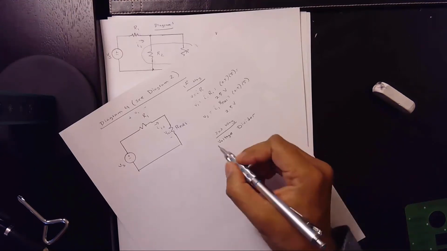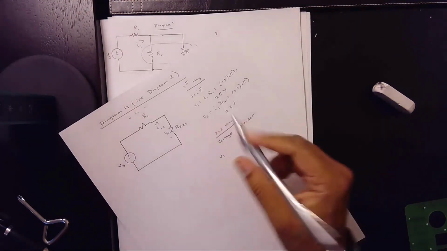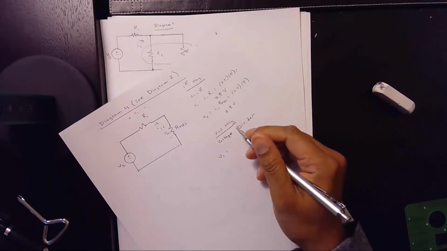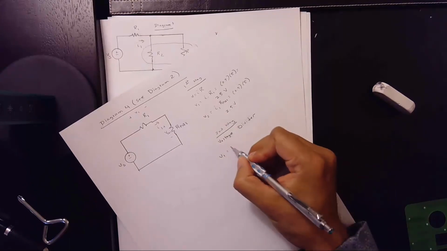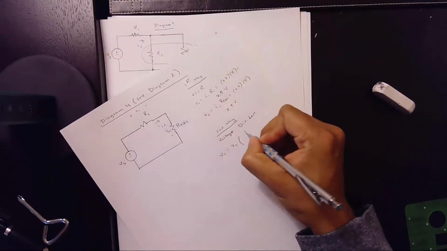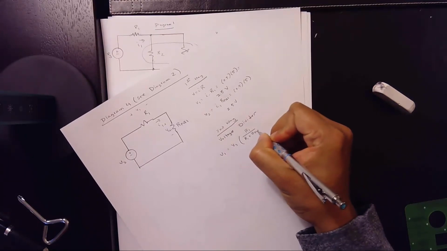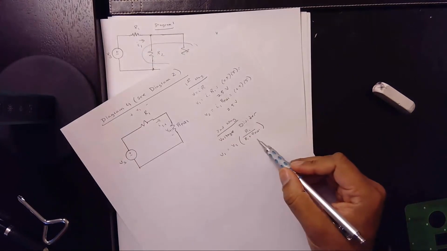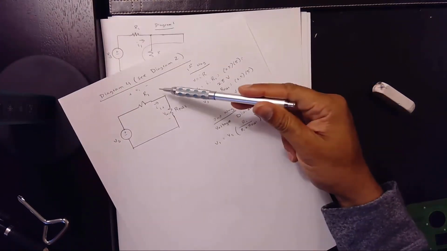Okay? So the voltage divider simply says your V1 is basically your VS multiplied by R1 over R1 plus REQ1. So whatever that total resistance is on the bottom, you add it over the resistance here.